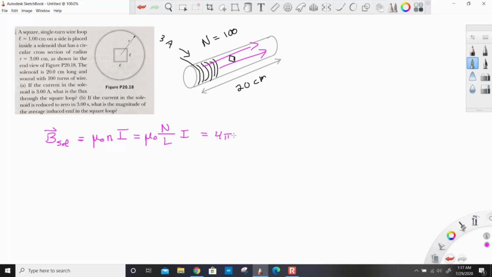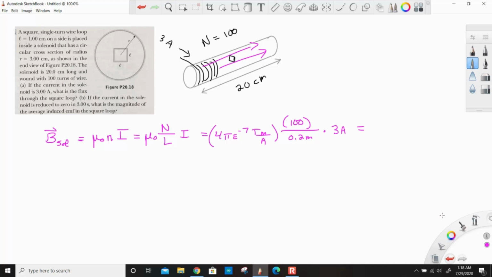So, unfold everything here. That's mu naught. We have 100 turns every 20 centimeters, so every 0.2 meters. And we are pumping 3 amps of current through this.